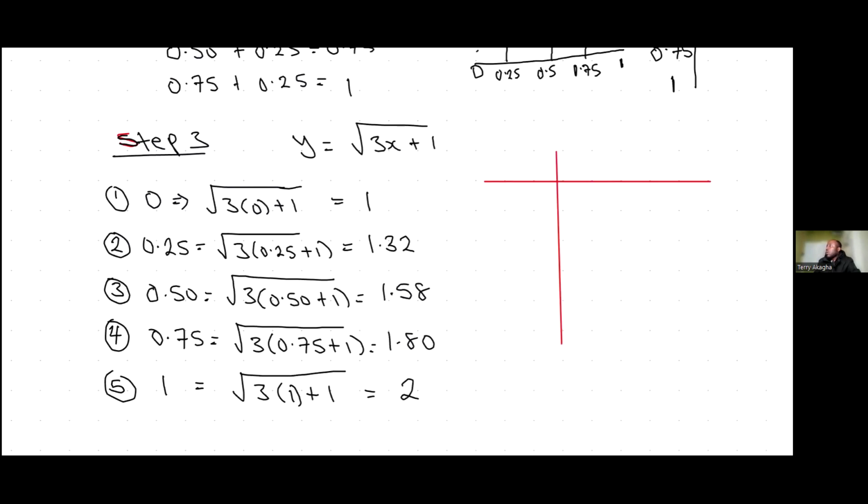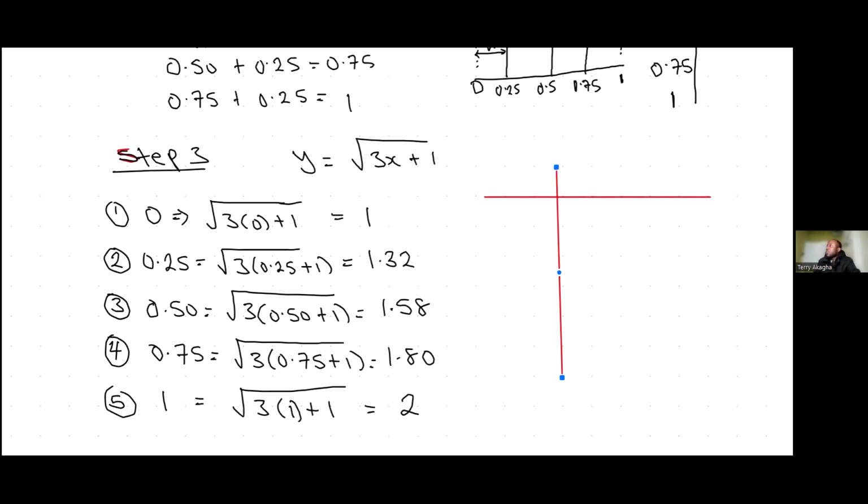The x values we had, the first one was 0, but the corresponding y value now is 1. The other one we had was 0.25, the corresponding y value is 1.32. We had 0.50, the corresponding y value is 1.58. We had 0.75, the corresponding y value is 1.80.